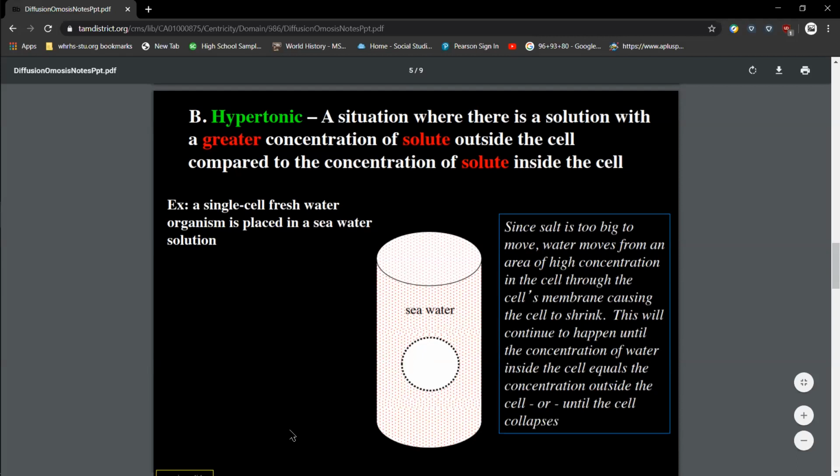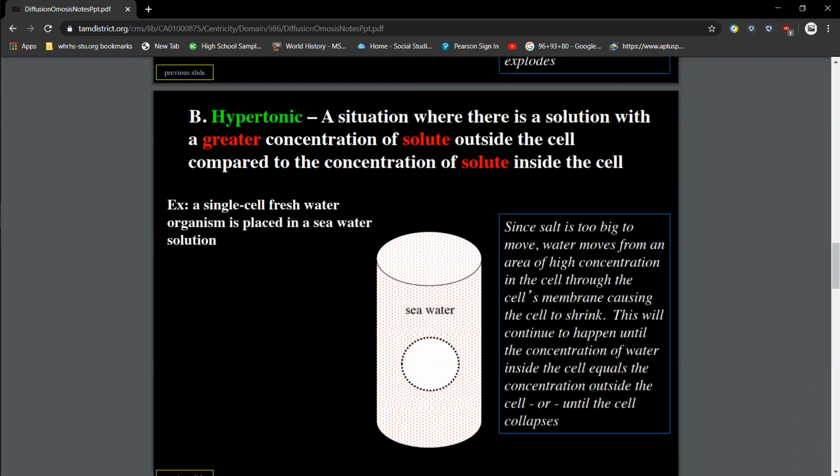So the water is going to move from inside the cell to outside the cell. Again, why does this occur? We can think of it in terms of water concentration. Outside the cell, you're going to have a very low concentration of water, but inside the cell, you're going to have a higher concentration of water. So the water is going to move out of the cell.